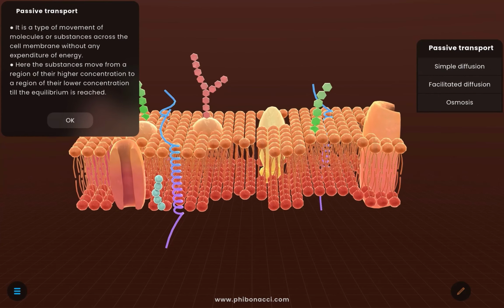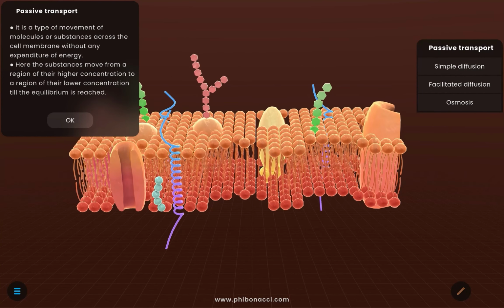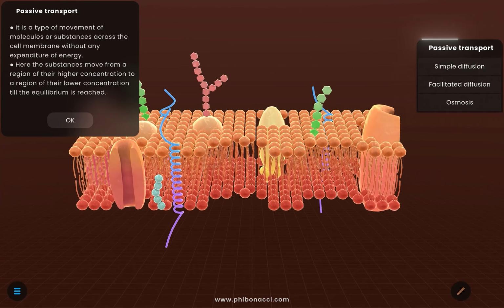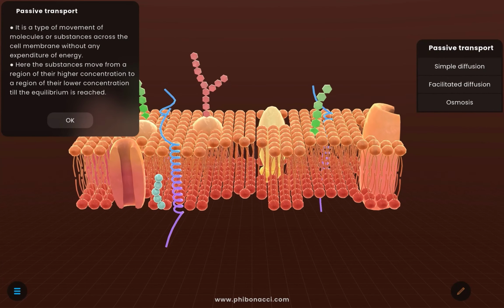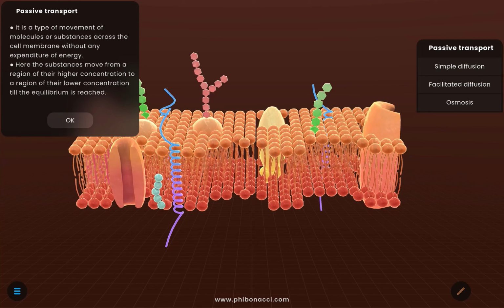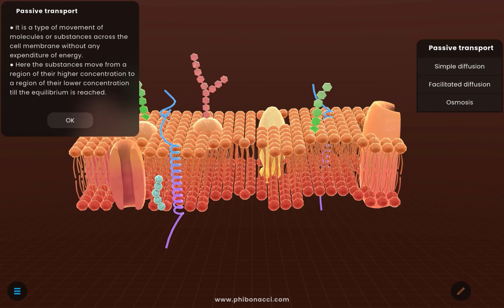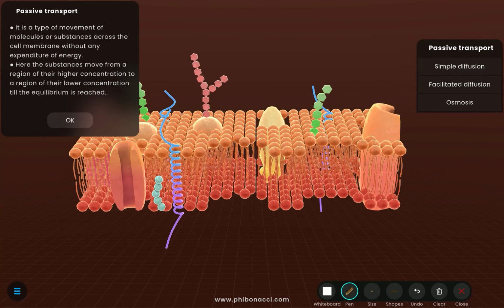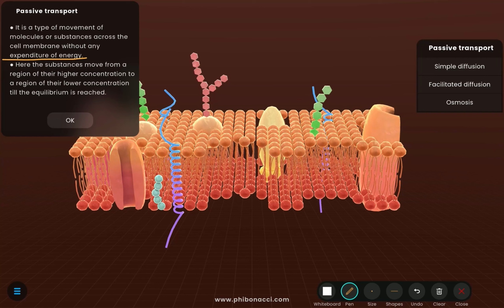Now passive transport, as the name suggests, means that it happens without any expenditure of energy. So in this type of transport, the molecules are moving across the membrane without any usage of energy. That is why it is called a passive process.